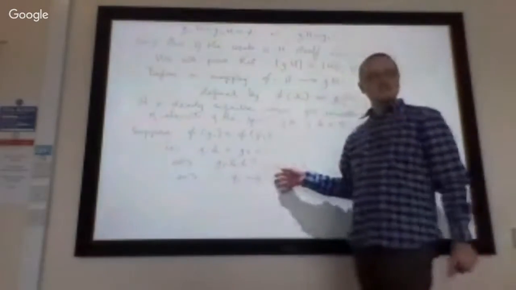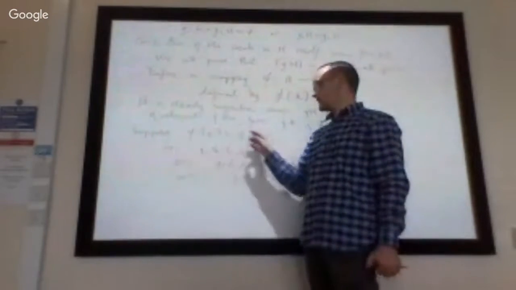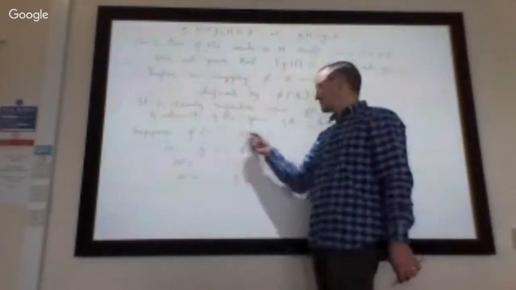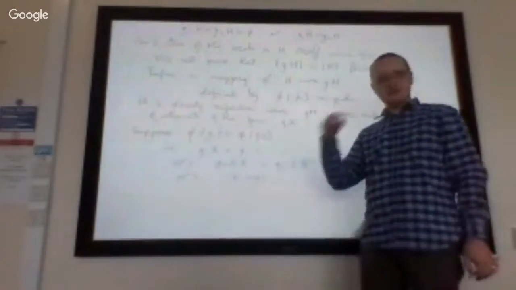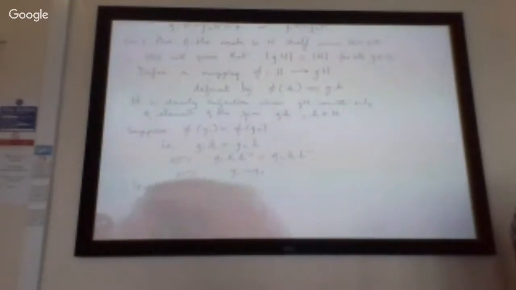So that proves that it's injective. The only time you can have the same value being taken on two elements is if they weren't really two separate elements. You're just mentioning the same one twice, i.e. phi is injective. So hence, the order of gH equals the order of H, since phi is a bijection.